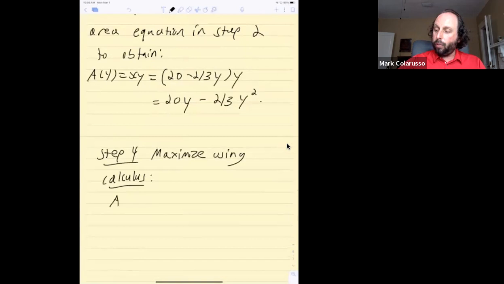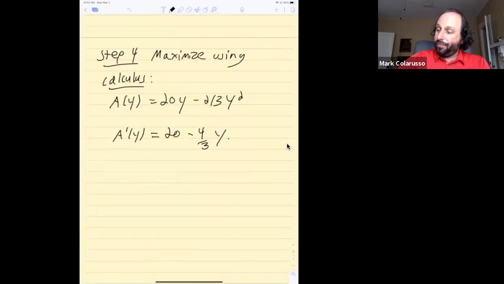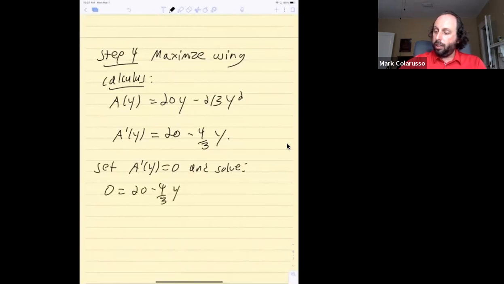Okay, so A of y is 20y minus 2/3 y squared. A prime of y equals 20 minus 4/3 y. And we have to set this equal to 0 and solve. So 0 equals 20 minus 4/3 y.